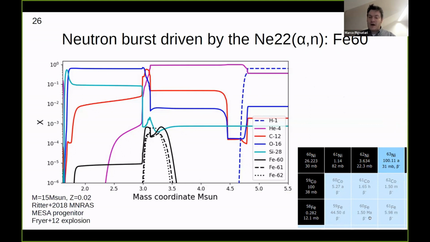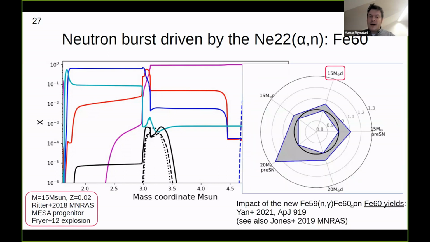And of course, there was a lot of experimental information about iron-60(n,gamma) available, but not much about iron-59. But with this recent work from Jan et al. in 2021, there was an evaluation and an estimation of iron-59(n,gamma) with way smaller uncertainties compared to typical theoretical uncertainty.